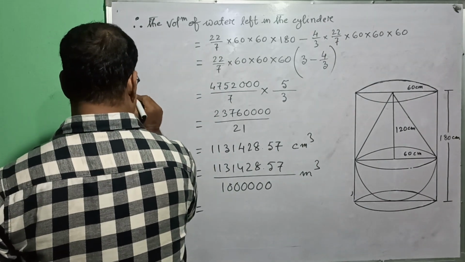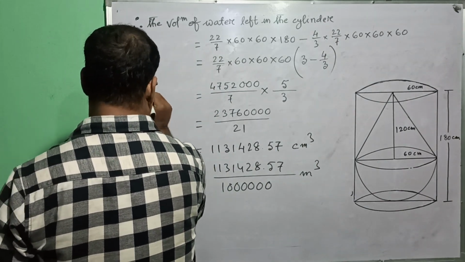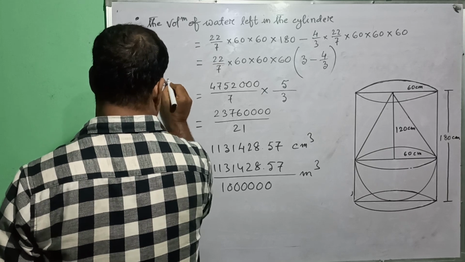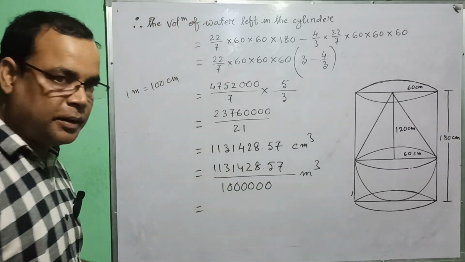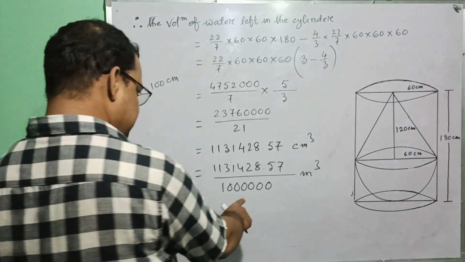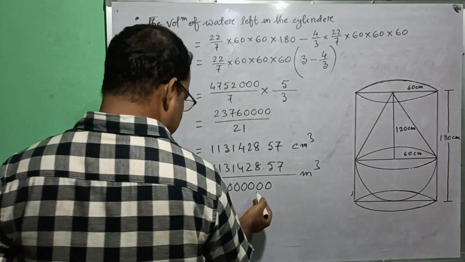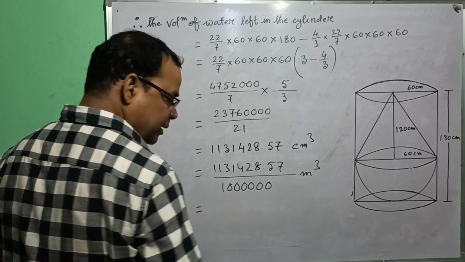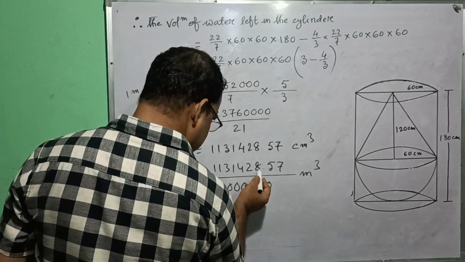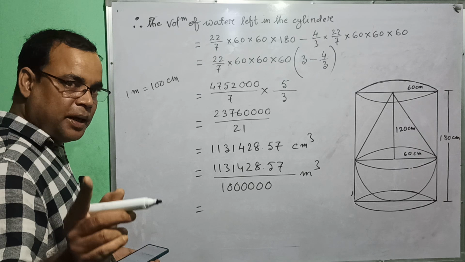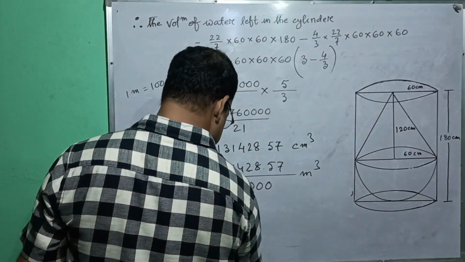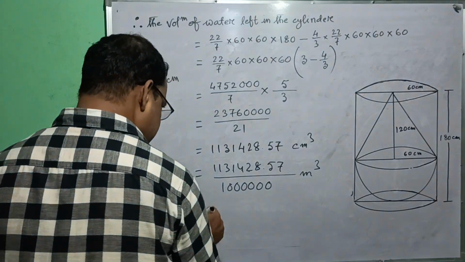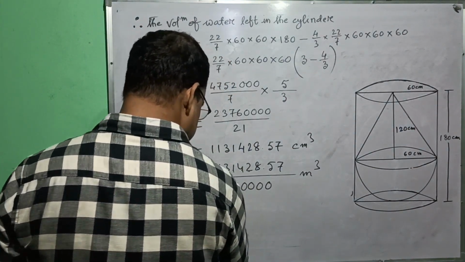Because we know that 1 meter equal to 100 centimeter. So here meter cube, so we have to multiply it by 3 times 100. So it gives 10 lakh. Now you can see here 6 zeros are there. So the decimal also shifts to the left side by 6 decimal places. So 1, 2, 3, 4, 5, 6, the decimal will come here.